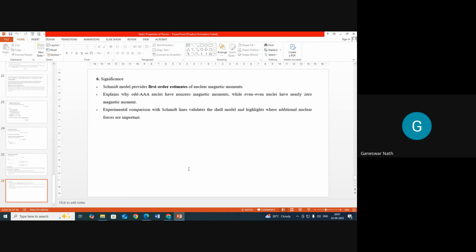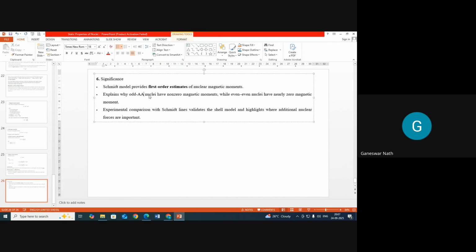The significance of the Schmidt lines is that they provide first order estimates of the nuclear magnetic moment, and explain why odd mass number nuclei have non-zero magnetic moment while even nuclei have nearly zero magnetic moment. Experimental comparison with the Schmidt lines validates the shell model and highlights where additional nuclear forces are important.